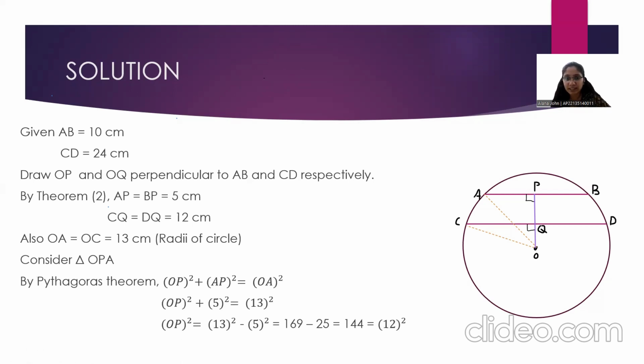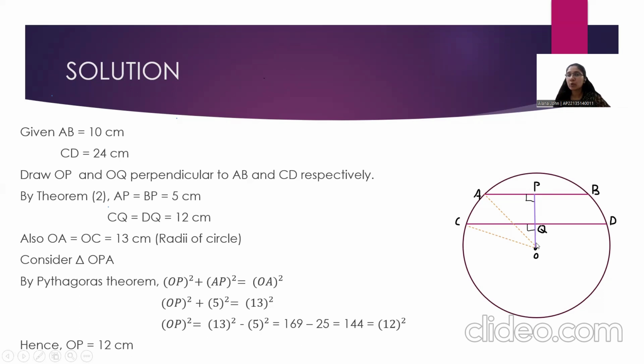So what we obtain here is OP square equals 12 square. So OP will be 12 centimeters. So we obtained the length of the perpendicular OP to be 12 centimeters.